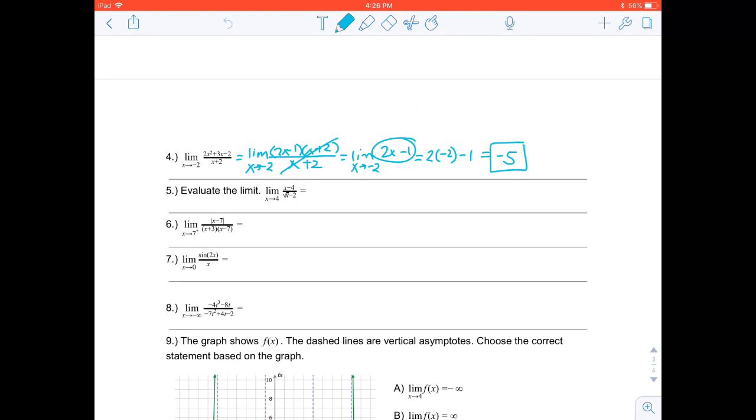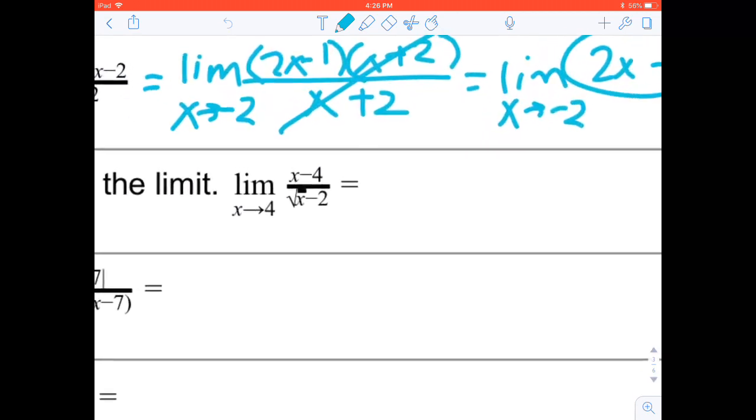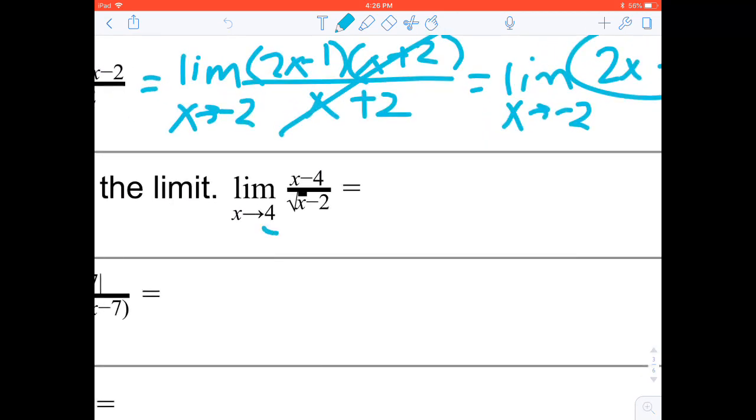So number 5, evaluate the limit. So again, we always want to try direct substitution. When I plug in a 4, surprise, surprise, we're going to get a 0 in the denominator. So I know that I'm going to have to rationalize. How do I know that? Well, there's a root.